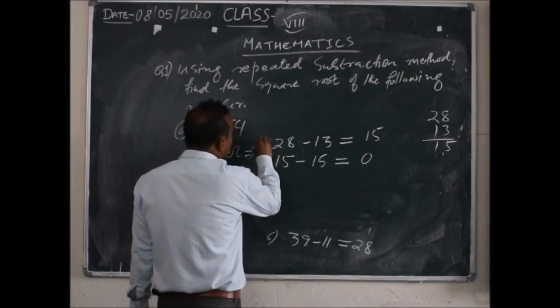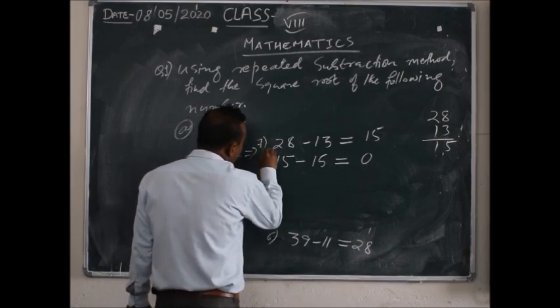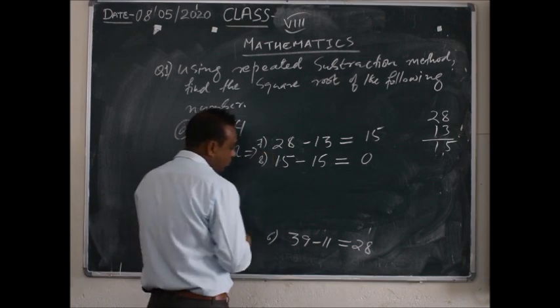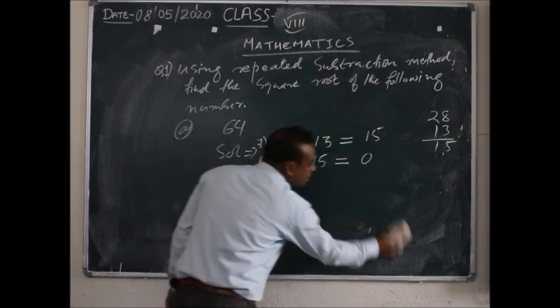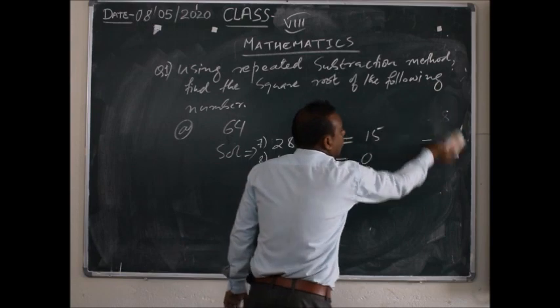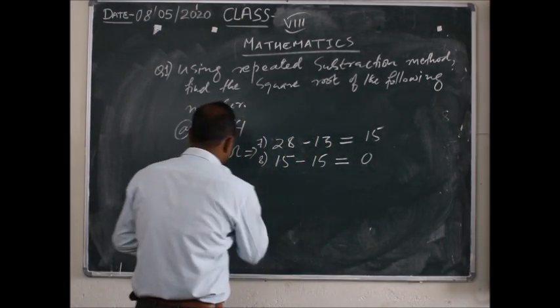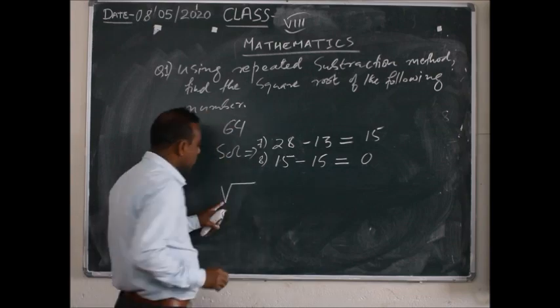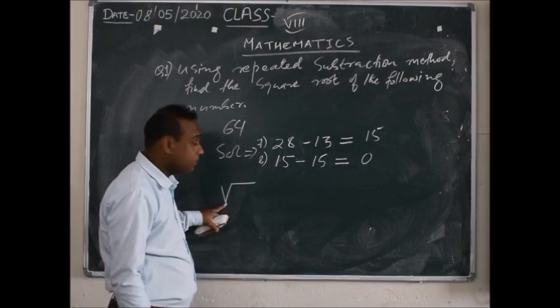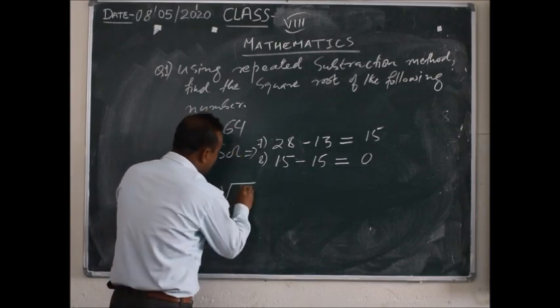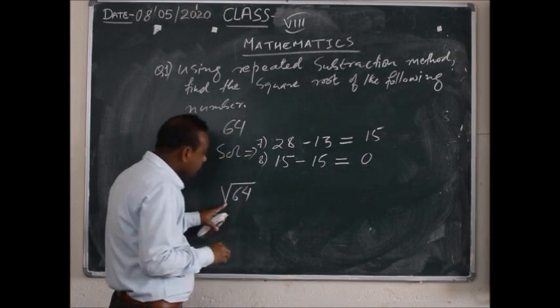This is your seventh step and this is your eighth step. So we have completed this in the 8th step. This is your repeated subtraction method. Now, this is the symbol of the square root, and we have 64.